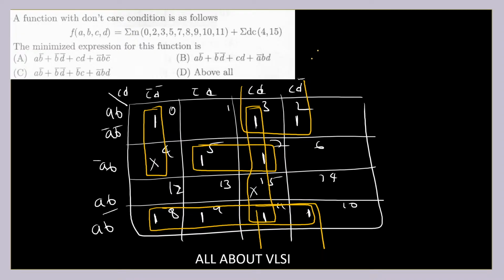So what is the equation I'm going to get? This dual is nothing but A complement. Here A complement is common and C complement, A bar C bar D bar, plus over here A B bar is common, plus CD, plus for these last two, what is the common part over here?